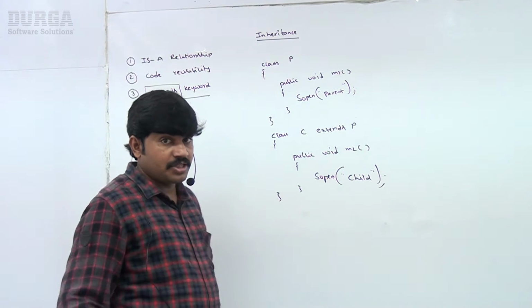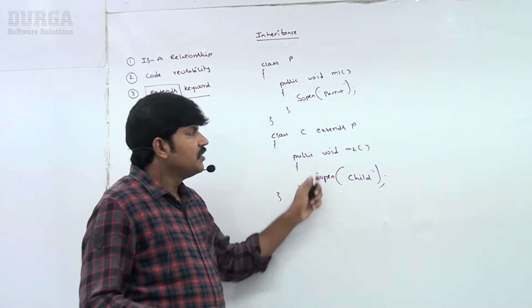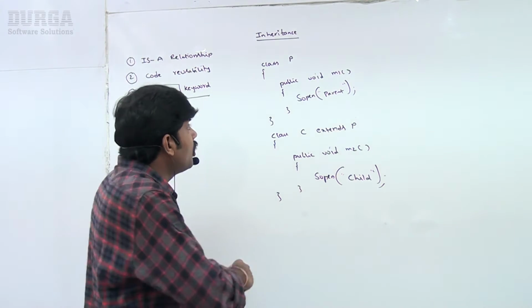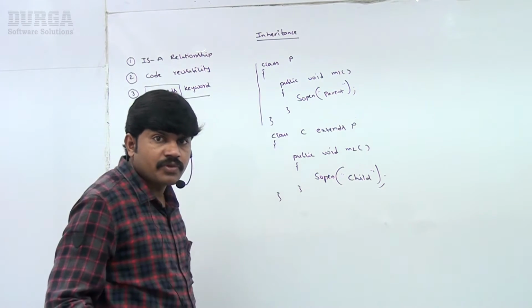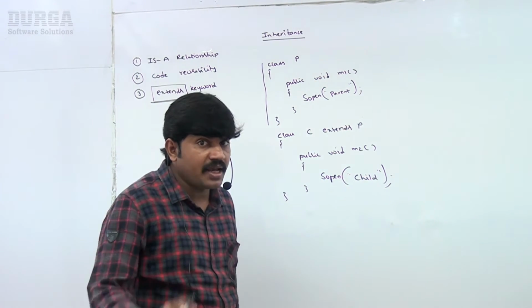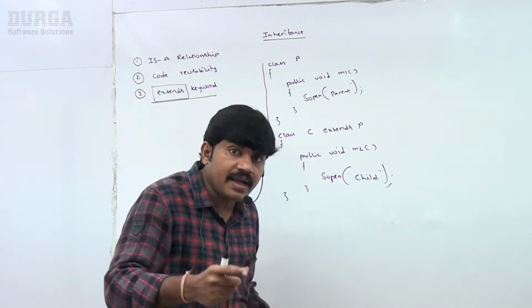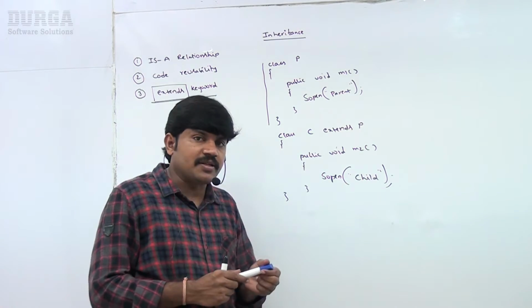Now, take very special care. This is the parent class, this is the child class, this is the parent method, child method. My question is, how many methods does the parent have? Only one method. How many methods does the child have? Two methods.